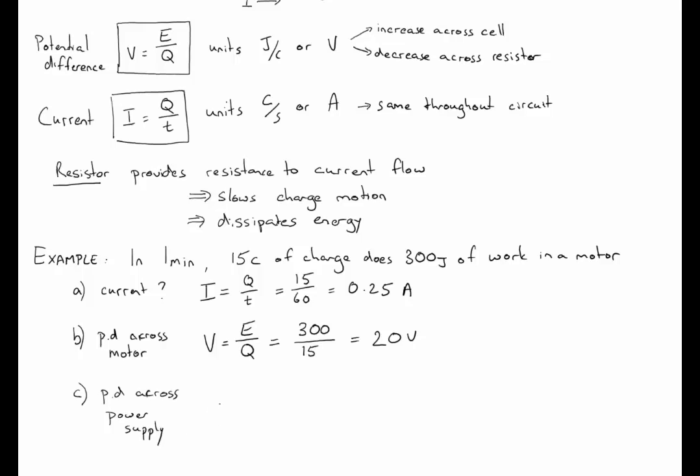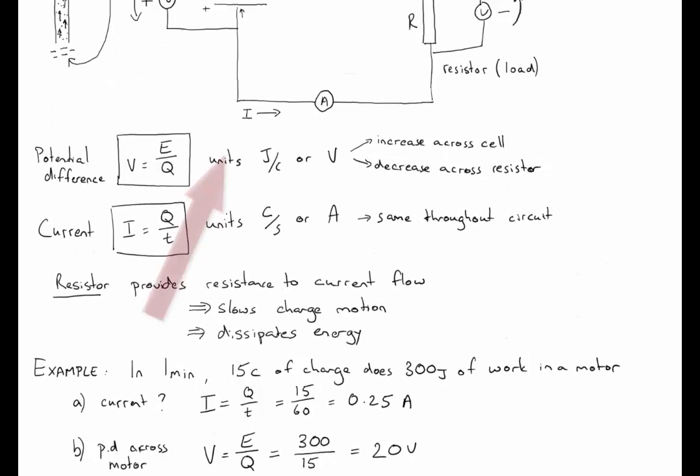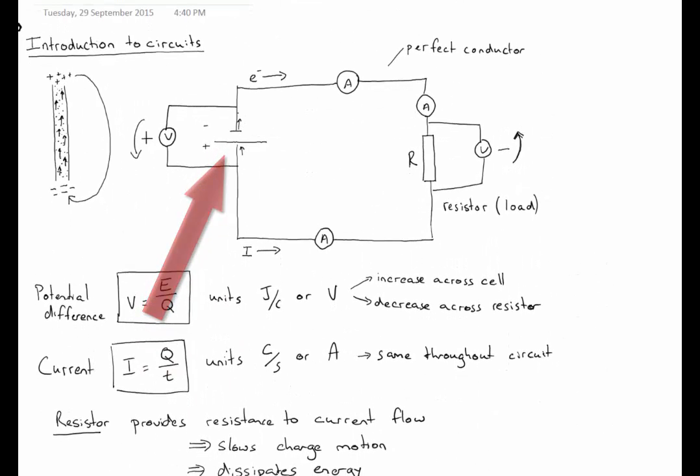And we know that the voltage provided by the power supply, I'll just write PS there, power supply, is the same as the voltage lost across the motor, because by the time those charges get back, I'll just go back up to the diagram up here, the charges that come out of here lose all their potential energy as they go across this load, and then when they come back to here, they are given again that 20 volts in this case.